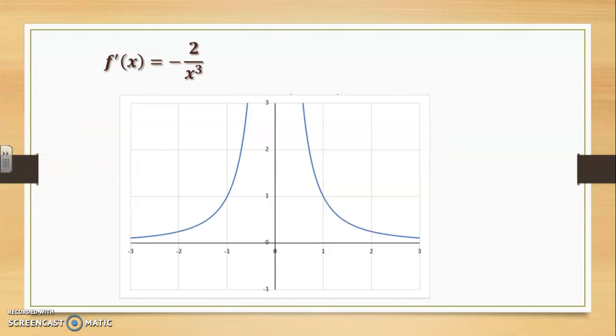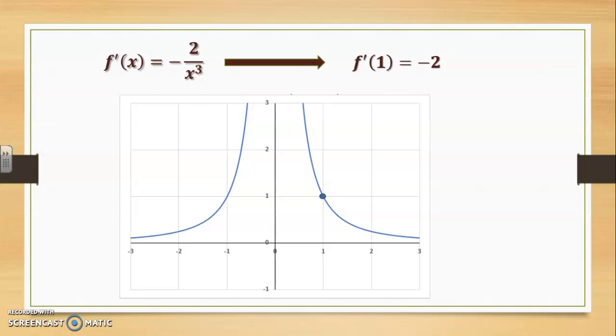Graphically once more, the graph that appears in front of you is the graph of y equals 1 over x squared. According to our rule, the slope at any point on this curve should be given through the derivative function minus 2 over x cubed. So let's check. According to this formula, the slope of the function at 1 should be minus 2.